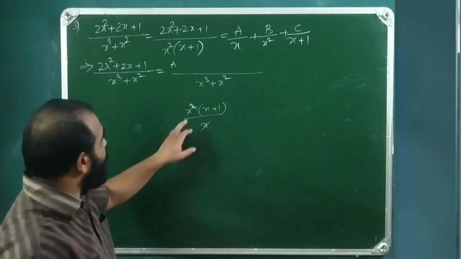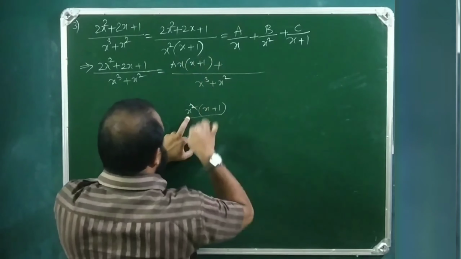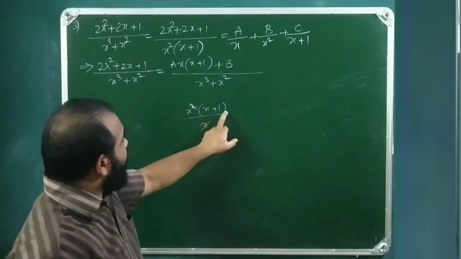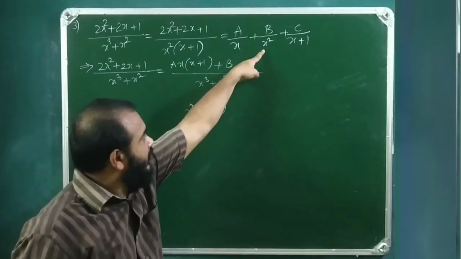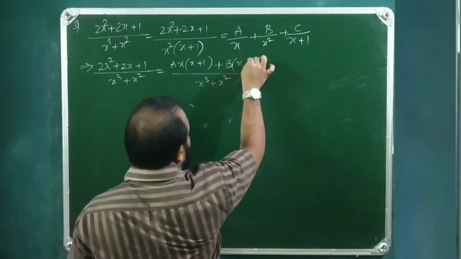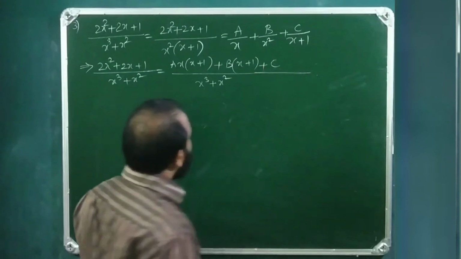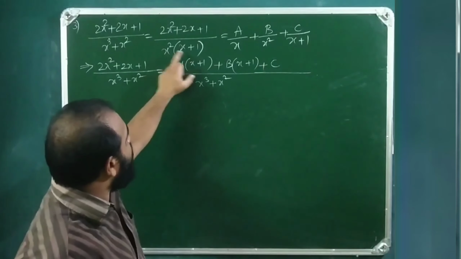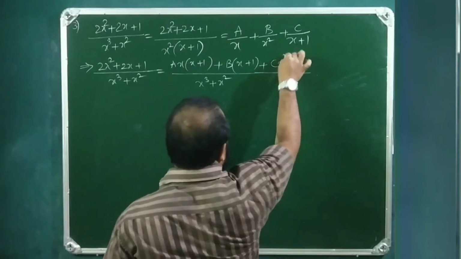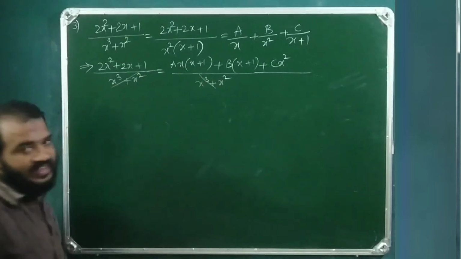X gets cancelled. So a into x plus 1 plus b into x square into x plus 1 by x square. X square gets cancelled. X plus 1 we are left with here. Plus c into, this is x square into x plus 1 by x plus 1. X plus 1 gets cancelled. We are left with x square here. So this on both the sides gets cancelled.